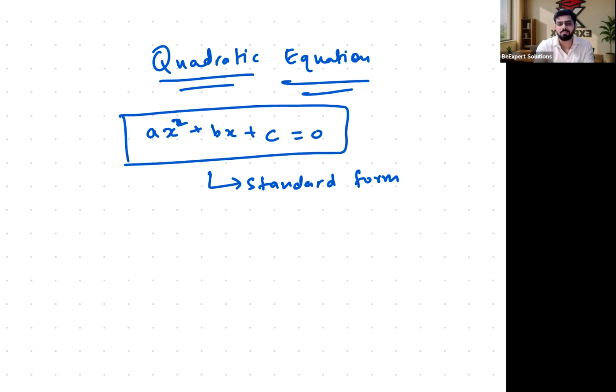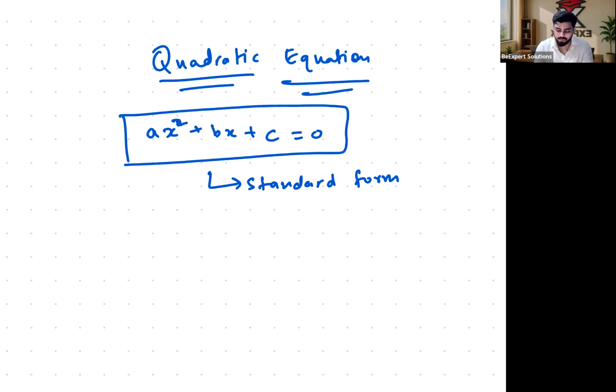There are many scenarios where a quadratic equation is used. For example, when a rocket is launched, its path is described by a quadratic equation. The path is a parabolic path.